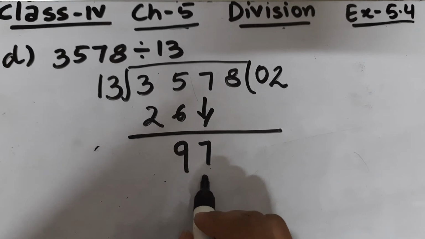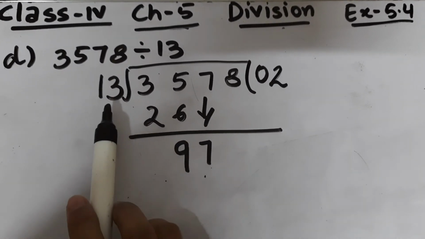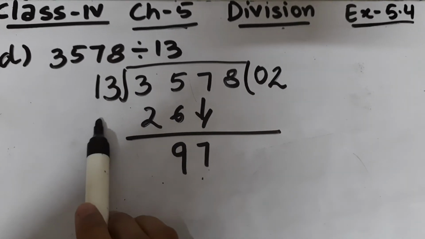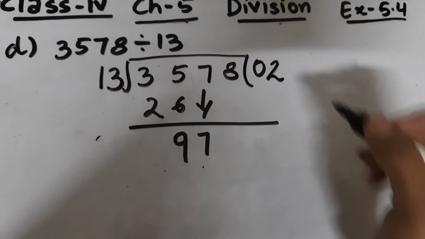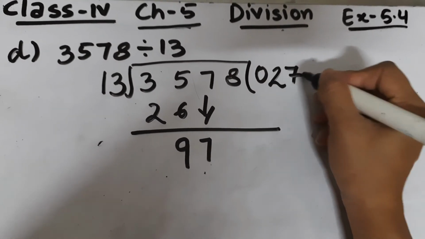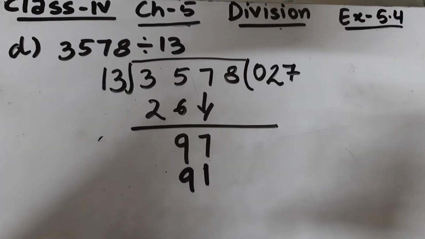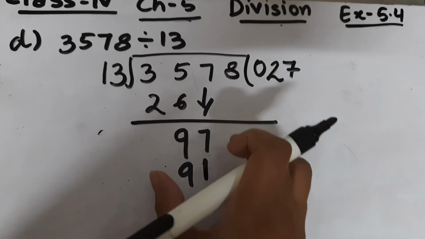Now does 97 come at the table of 13? No, 97 doesn't come at the table of 13, so we will take a number that is just smaller than 97 and comes at the table of 13. And 13 sevens are 91, because 13 eights are 104, which will be greater than 97.